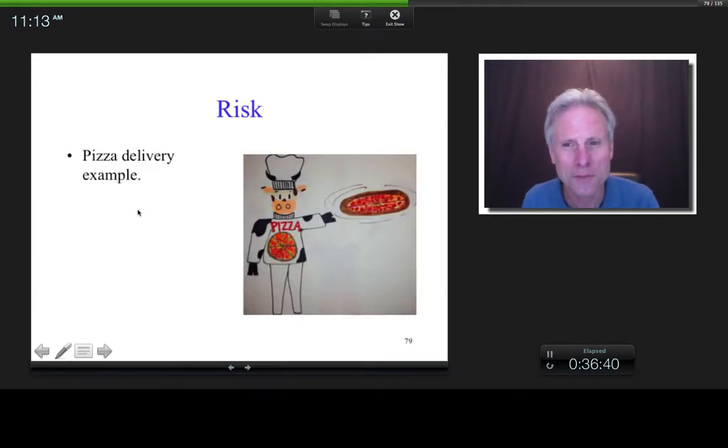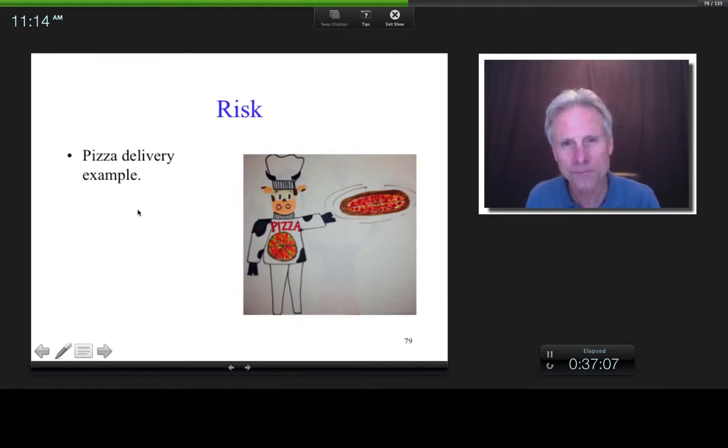But let me give you another sort of story. I live in a neighborhood of about 1,500 households or whatever. And if you're like me, we get these coupons in the mail all the time, including pizza coupons. So imagine that I get a pizza coupon that says $5 off a large pizza.